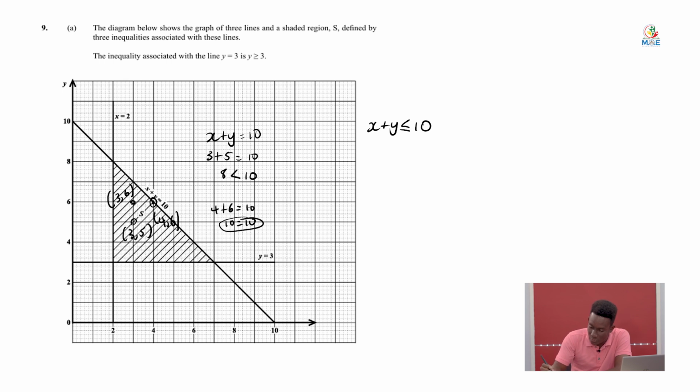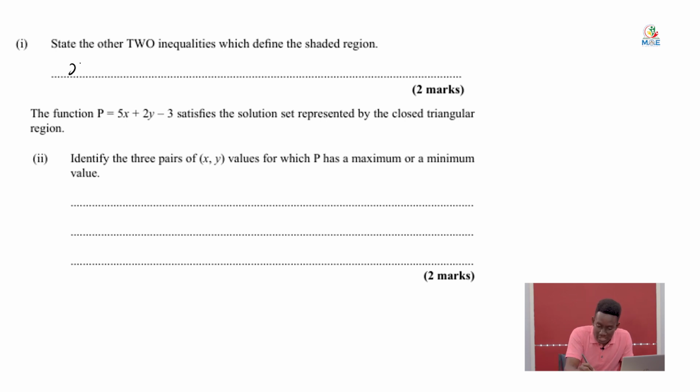So if you put that in, let's see that it satisfies this inequality. So 3 plus 6 is 9, and 9 is obviously less than or equal to 10. So that's satisfied. So that is the other inequality we can use: x plus y is less than or equal to 10.